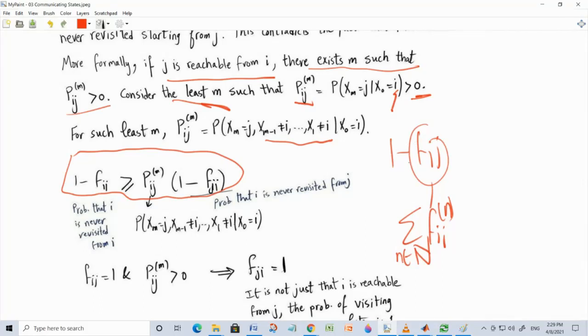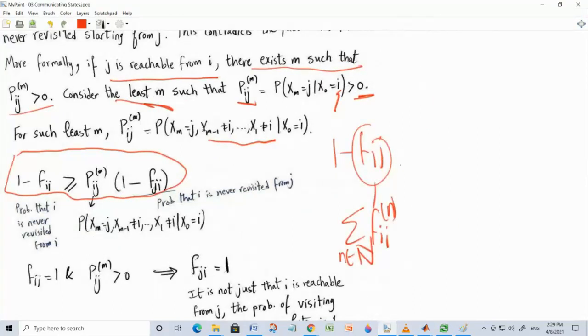So this event of starting in i and never coming back to i has a probability that is lower bounded by going from i to j in m steps, and then from j you never ever come back to i, 1 minus fji. And so this is a general inequality.